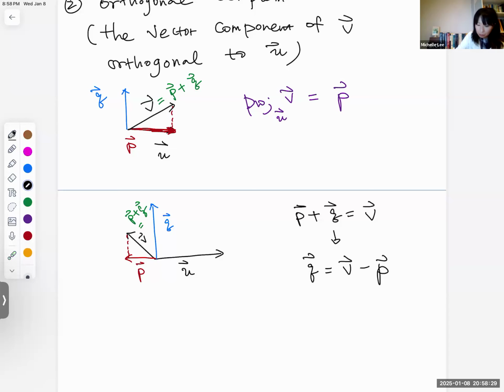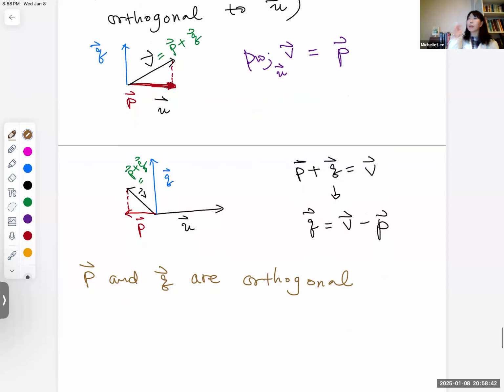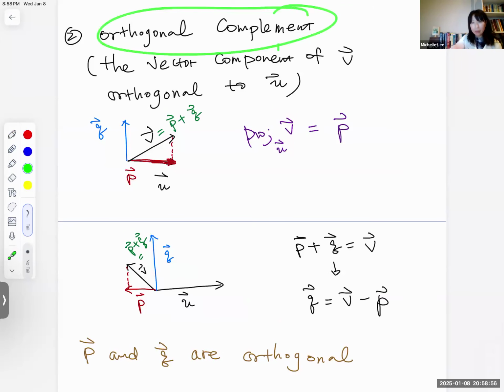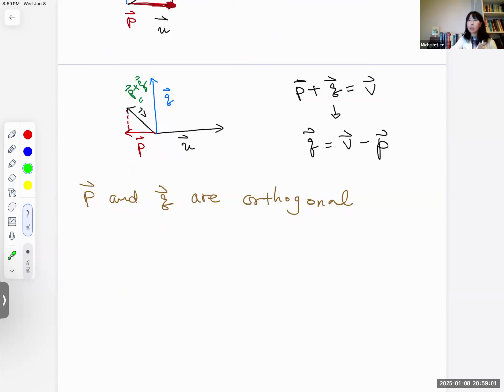So P and Q are orthogonal. Okay, then we can say that one is the orthogonal complement. So that is the vocabulary. Makes sense? So either P or Q can be the orthogonal complement.